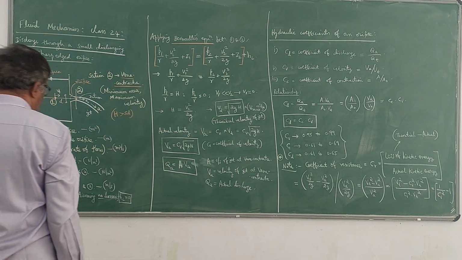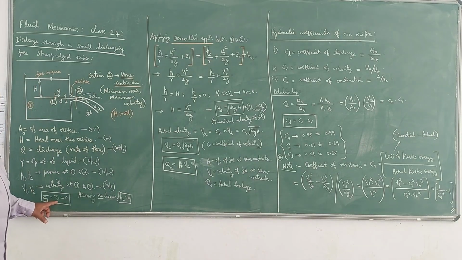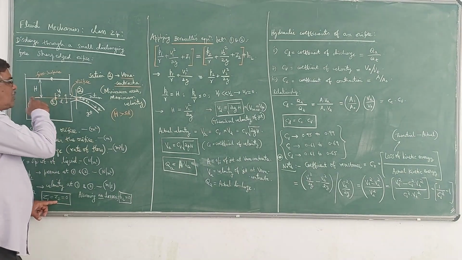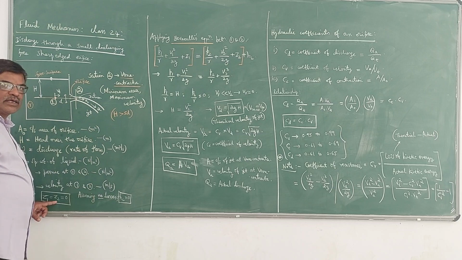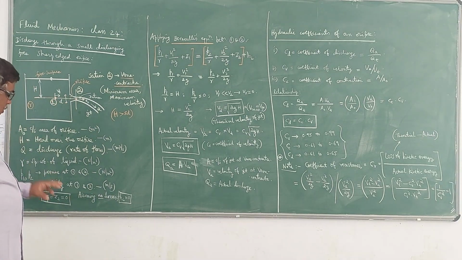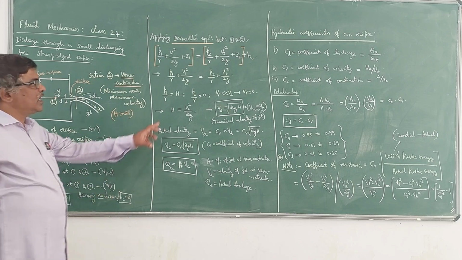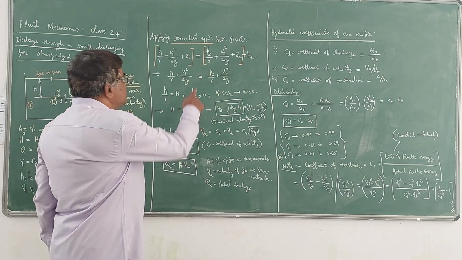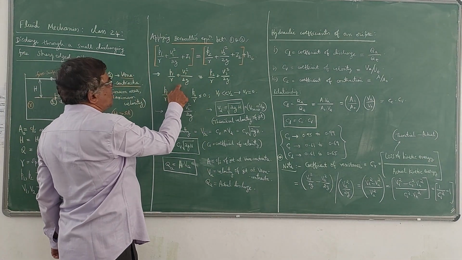Now according to our assumptions, by taking the center line of the orifice as the datum, both Z1 and Z2 are equal to 0, and assuming no losses, HL will be 0. So this equation reduces to this form.